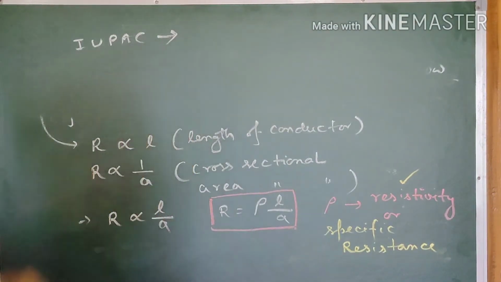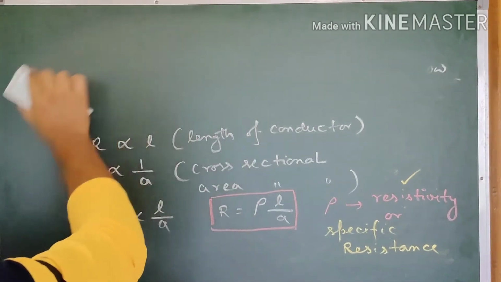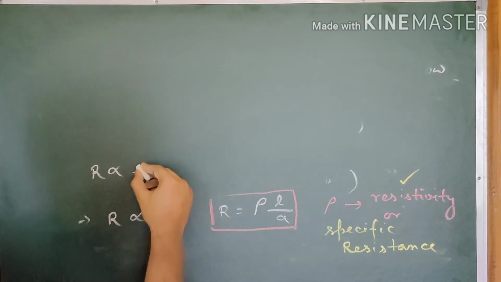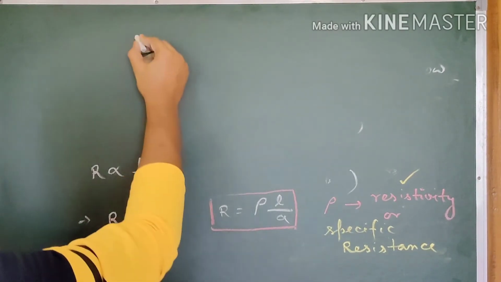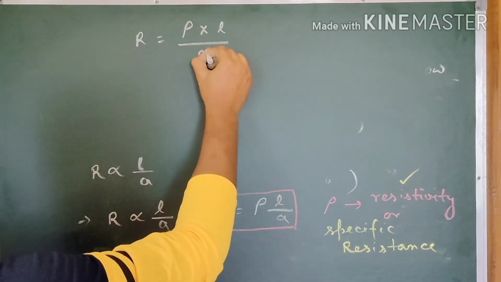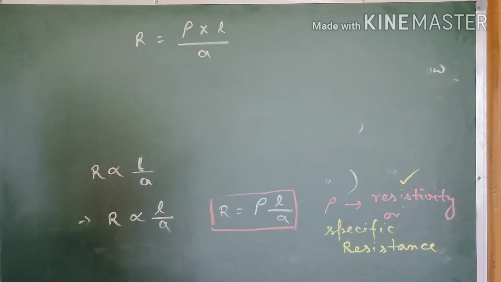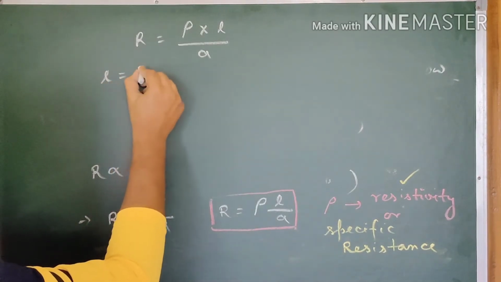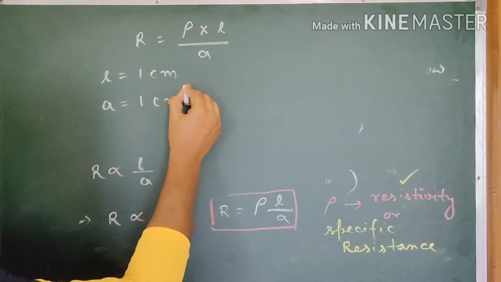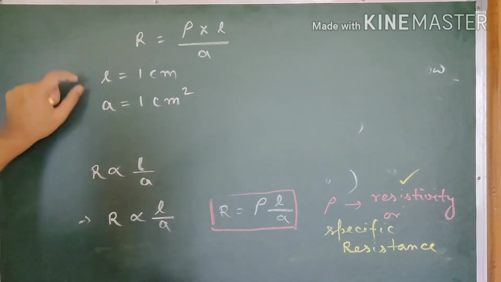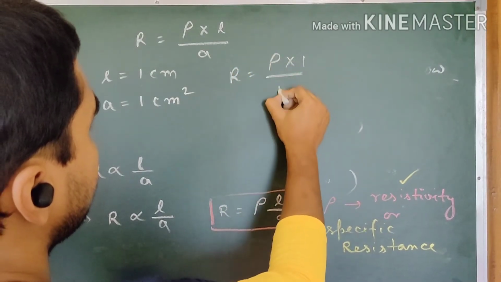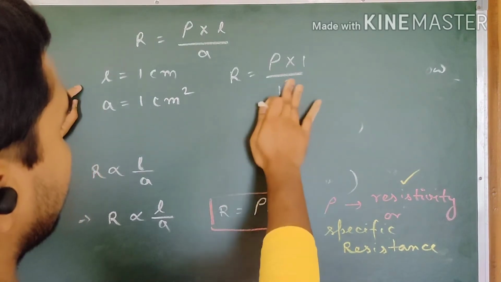Now, if I rewrite this fact, where R is proportional to L by A, R is equal to rho into L by A. If I take L equal to 1 centimeter, and A equal to 1 centimeter square, it should be R is equal to rho into 1 by 1.